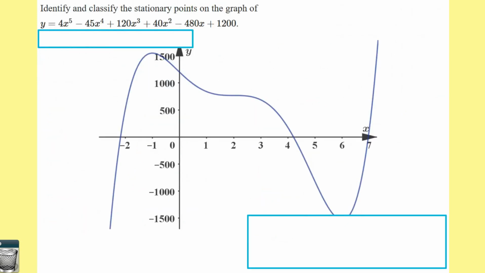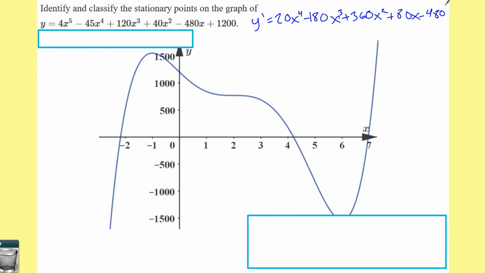So let's identify and classify the stationary points of this graph. We need to find all the points, so let's start by finding the derivative. The derivative of this is 20x to the 4th minus 180x cubed plus 360x squared plus 80x minus 480.